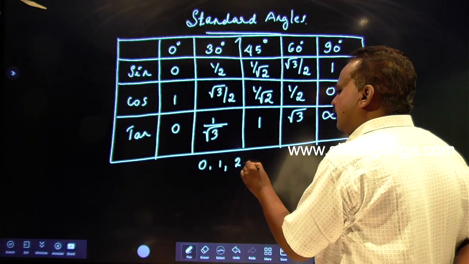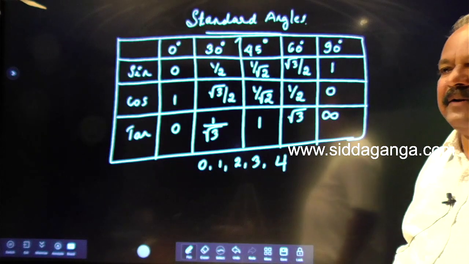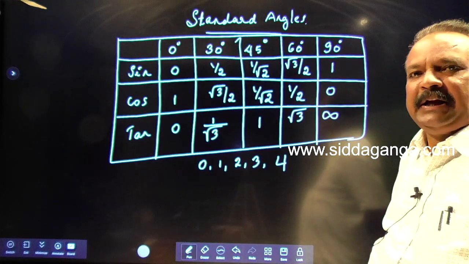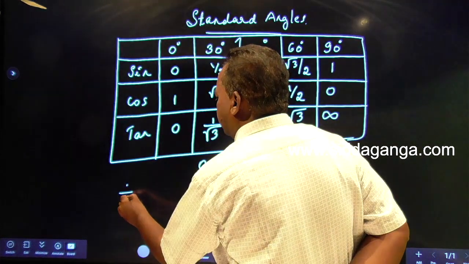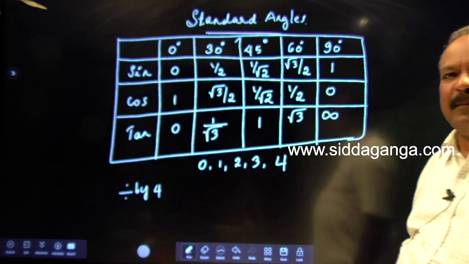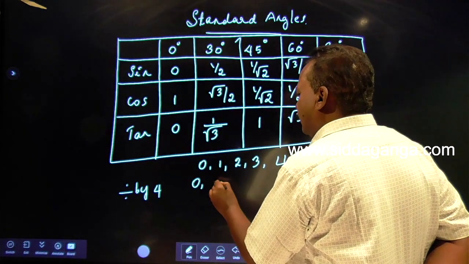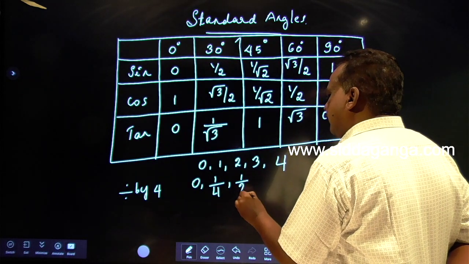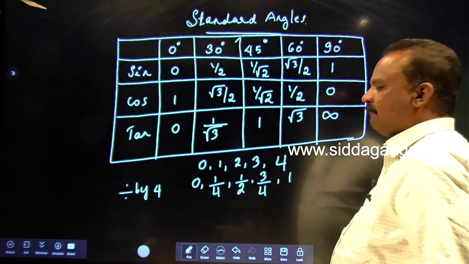0, 1, 2, 3, 4. Consider first 5 whole numbers: 0, 1, 2, 3, 4. Divide each number by 4. 0 by 4 is 0, 1 by 4, 2 by 4 is 1 by 2, 3 by 4 and 4 by 4 is 1.